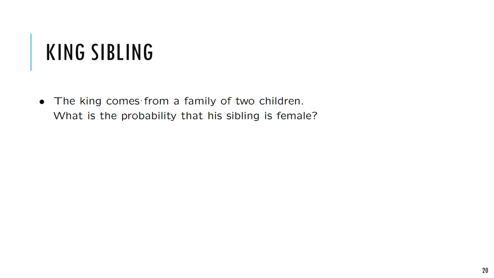Here's a final example that's all about conditional probability. It is about someone named King and his sibling. The King comes from a family of 2 children, exactly 2 children. What's the probability that his sibling is female? We have some assumptions here: it's 2 children, and the probability of boy and girl is the same, 1/2.